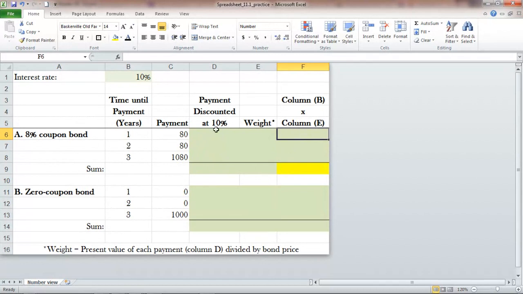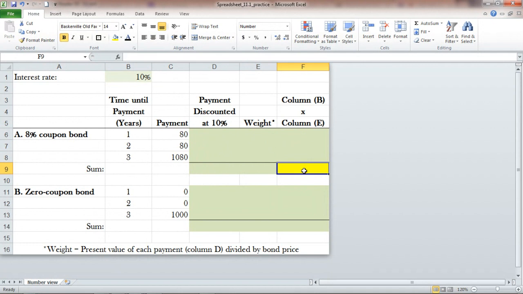That means the weight of the first year in the total duration must be big, and so on, right?